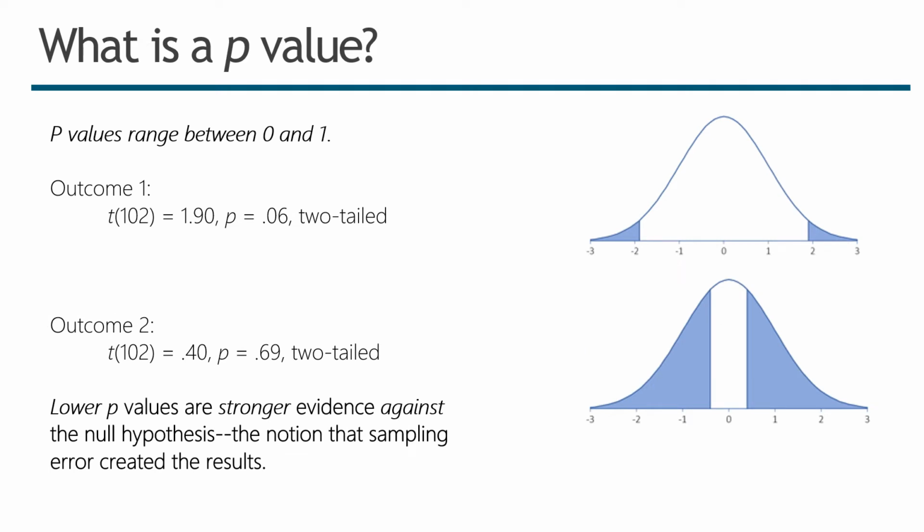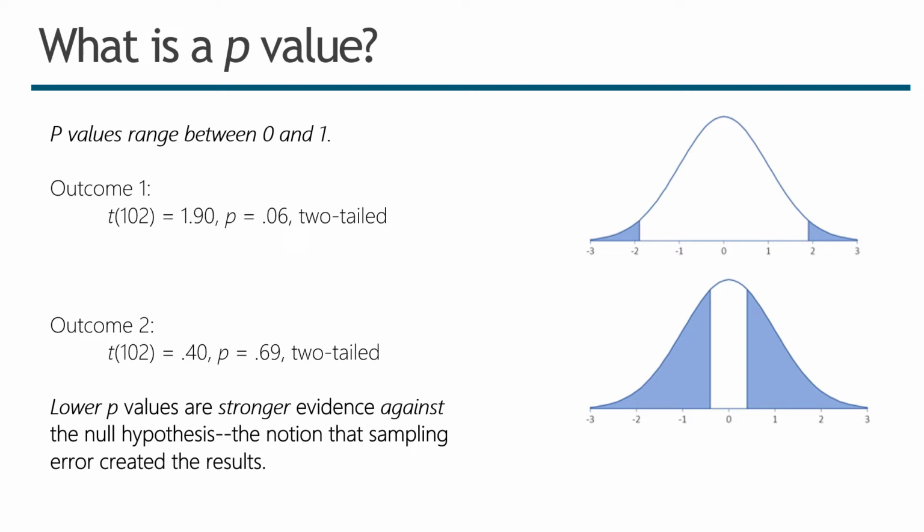It's important to understand that p-values can range from 0 to 1. There's two outcomes on your screen. The first outcome, again based on a sample size of 103 people, had a t of 1.9 and a p of 0.06. And you can see that it has a relatively small p-value. Outcome 2, based on the same sample size, had a t of 0.4 and it has a relatively large p-value, 0.69.